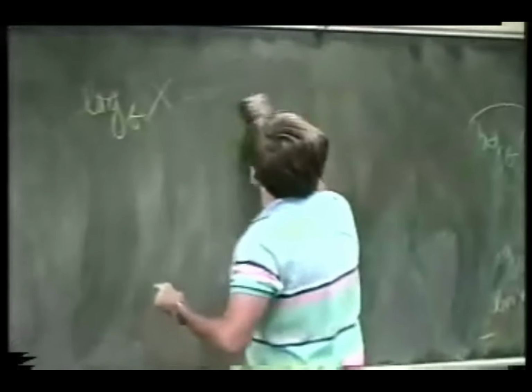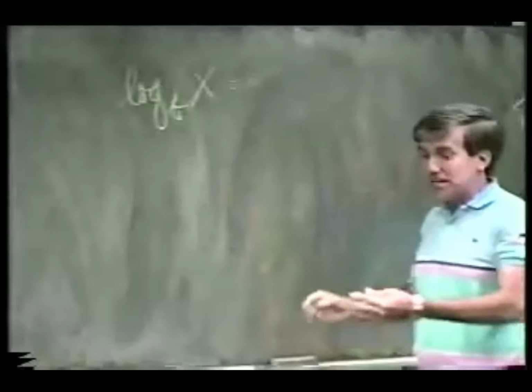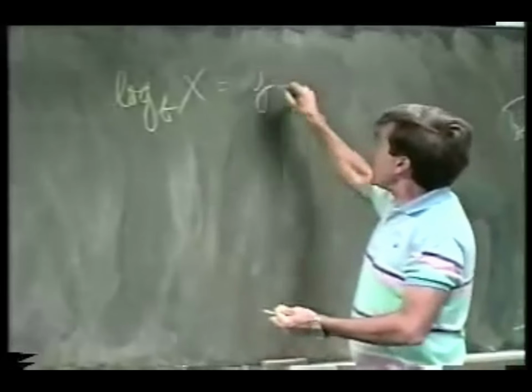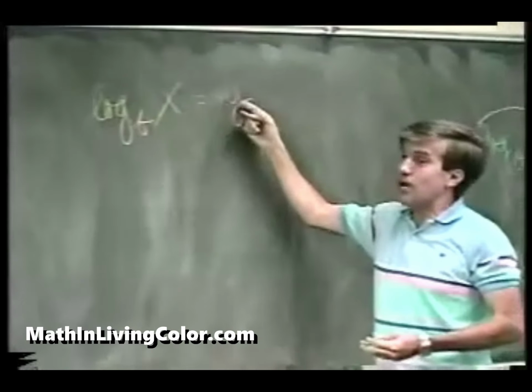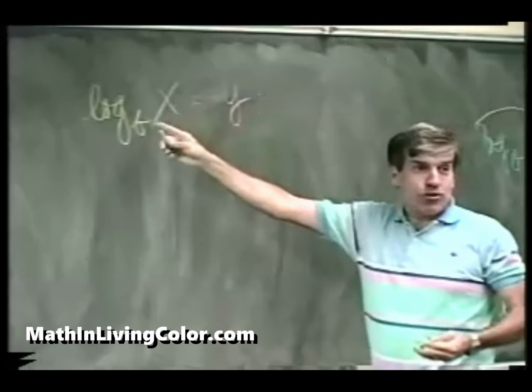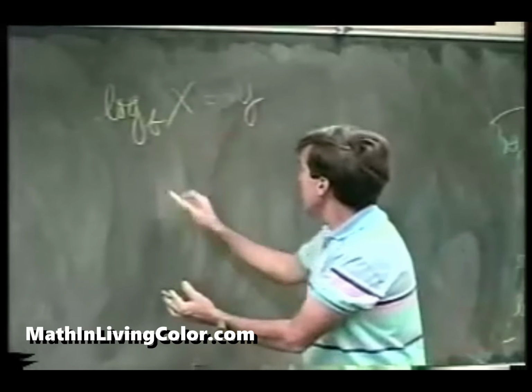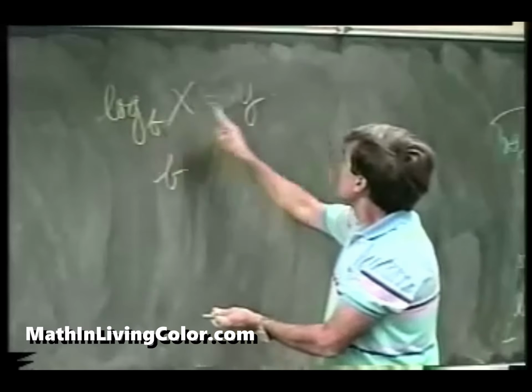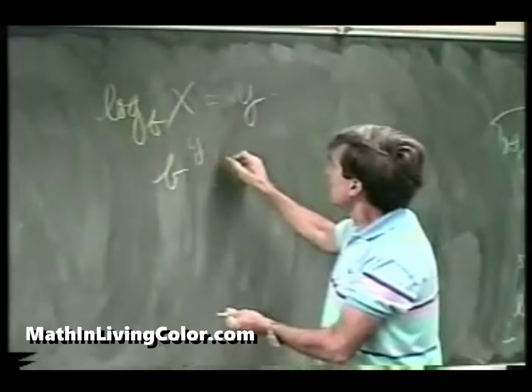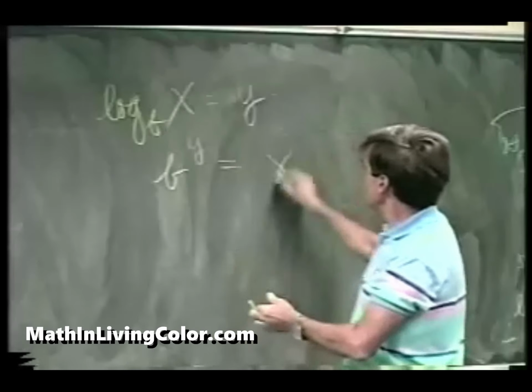It'd be easy enough. We start by saying, well, let's say we don't know what that is. Let's let it equal y. And then translate it for me. This is going to be equal to y. Now translate that for me out of logarithms into exponential notation. What would you say? b to the y equals x. Alright?